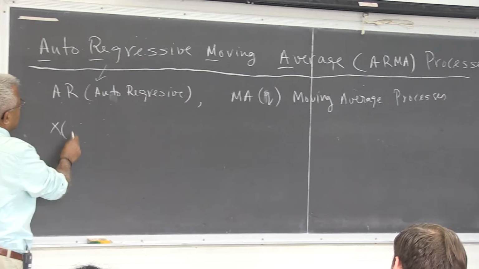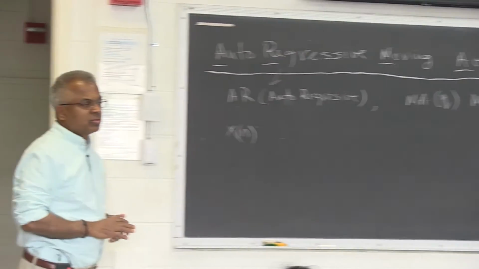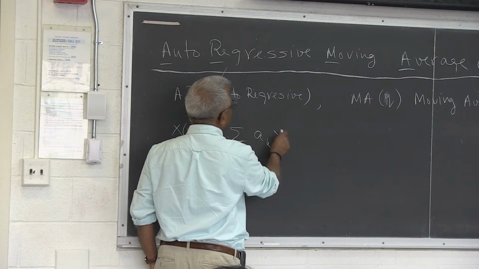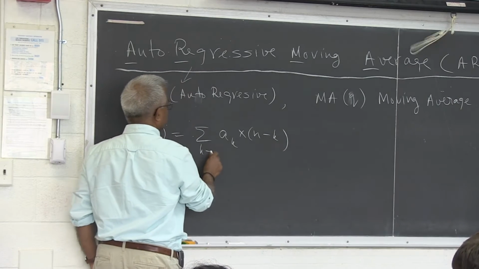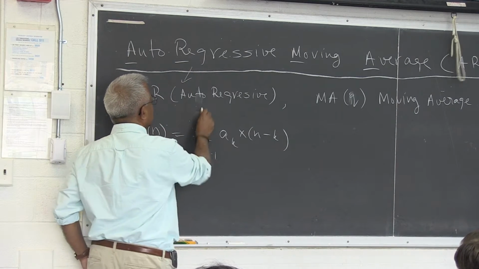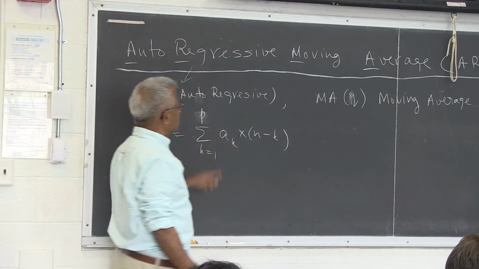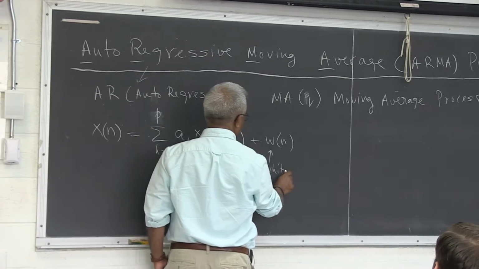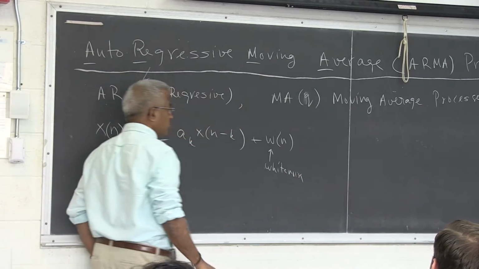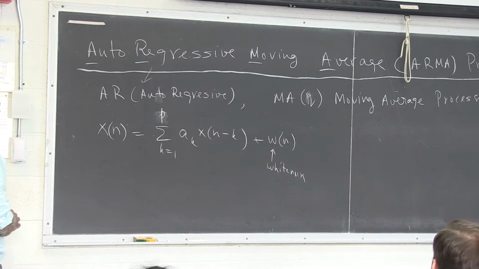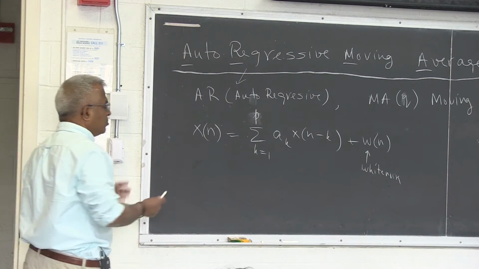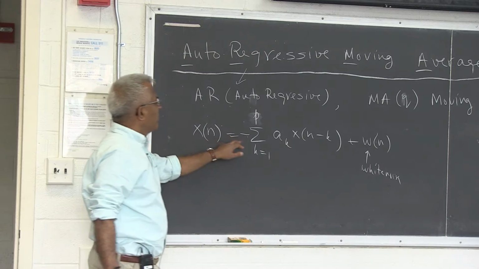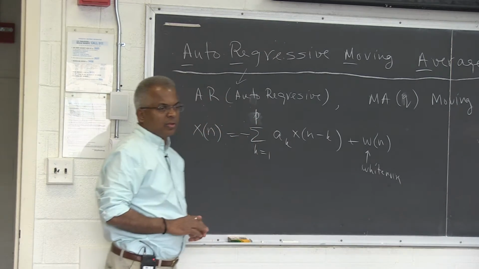So if x of n, we are dealing with discrete time processes, can be expressed in terms of its own previous values, so x of n is a sum with coefficients a_k. Sometimes you see a minus sign here, but minus a_k are the new coefficients, b_k, whichever way you want to write.